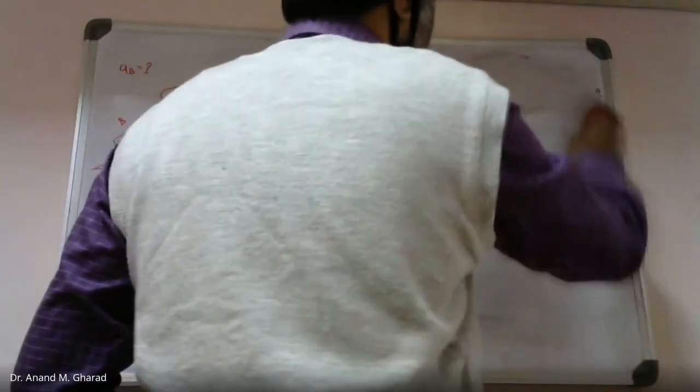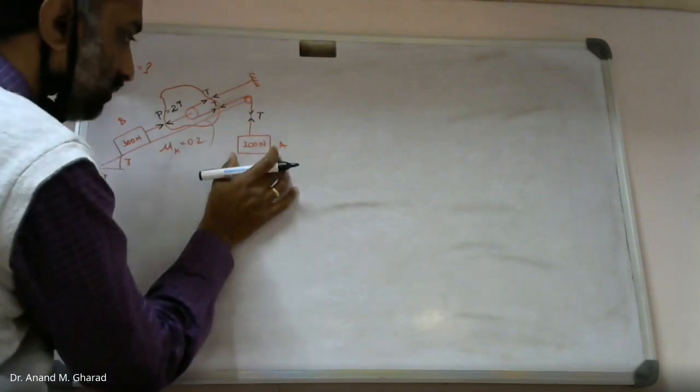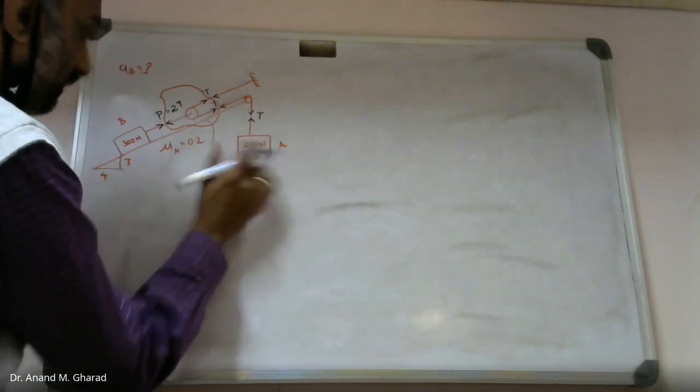That's what we need to identify. So again, what we can do is we can neglect the friction. That means what we are doing, we are determining the motion of these blocks, in which direction this will move. So what I can do is I can assume this block A to be at rest.